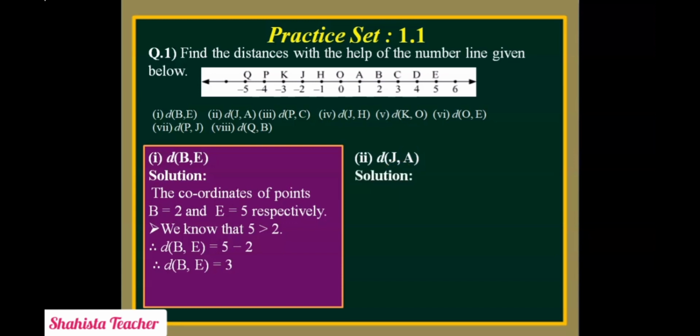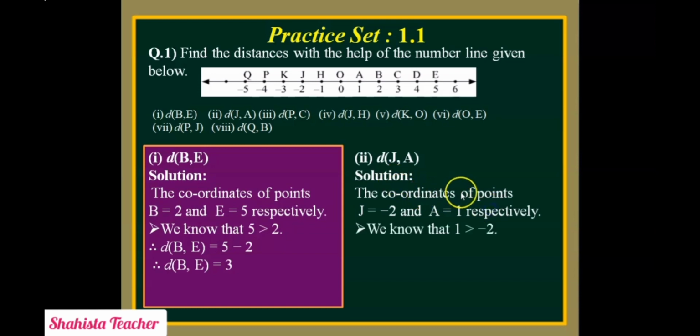The coordinate of point J is -2 and the coordinate of point A is positive 1. So here we have written the coordinate of point J is equal to -2 and A is equal to 1 respectively. Now here which number is greater, -2 or 1?